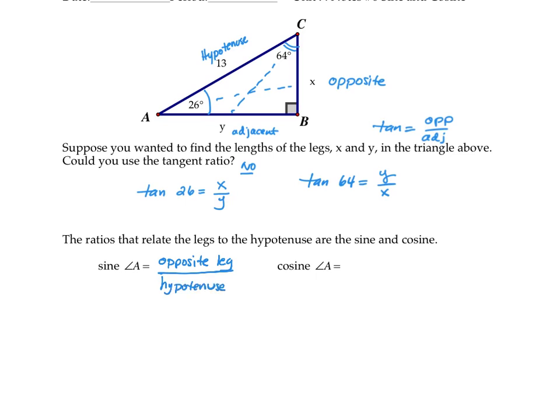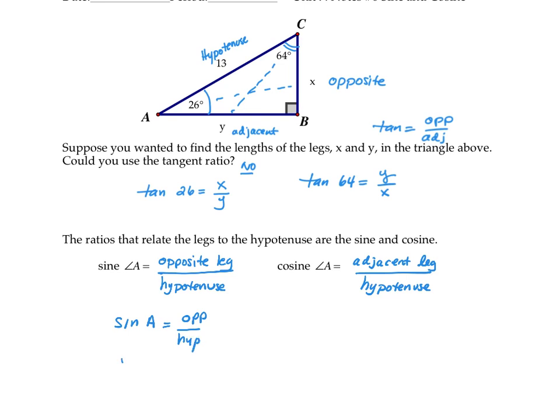And the cosine ratio is the length of the adjacent leg divided by the hypotenuse. And of course, for these two, we also have shorthand versions.